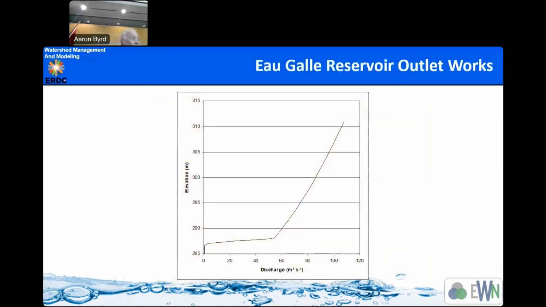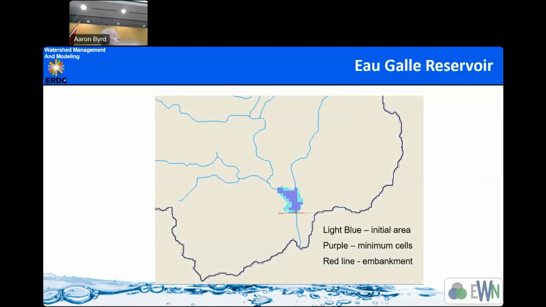One of the notches right here: when you draw the embankments, WMS is going to find the nearest edge of a cell to make the embankment. So there's a small conceptual difference between the line you draw and where it actually is, and sometimes that can mess you up if you don't realize they're two different things. The embankment sits on the face of a cell and blocks the flow between the cells until the water level gets above the top of the embankment, then it flows over.